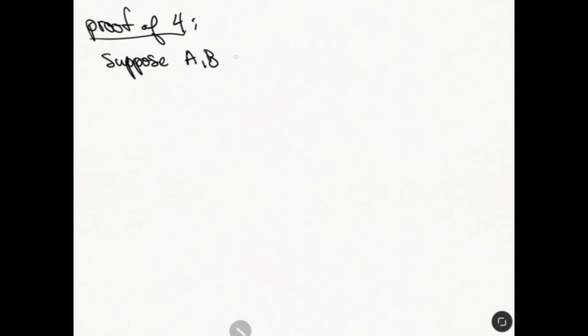Okay, so the proof of 4. Suppose A and B are finite sets. Then A union B, so any subset of a finite set is finite.